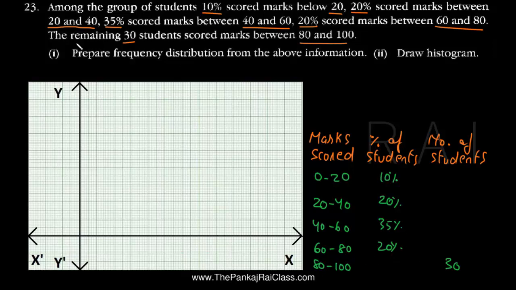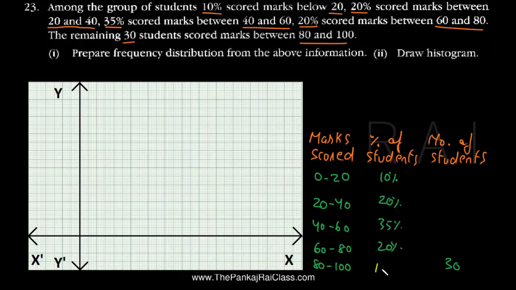Now we have to find out what is the percentage over here and what is the number of students over here. As we know that the total percentage has to be 100, so here we have 10, 20, 30, 30 plus 35 that will be 65, and 65 plus 20 that will be 85.